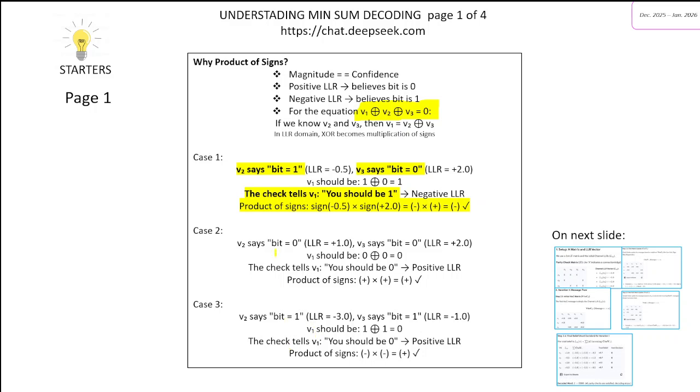So in all the cases, we have understood that multiplication of the signs of the two bits gives a sign that indicates what binary digit the third node, column node, or bit node should be.